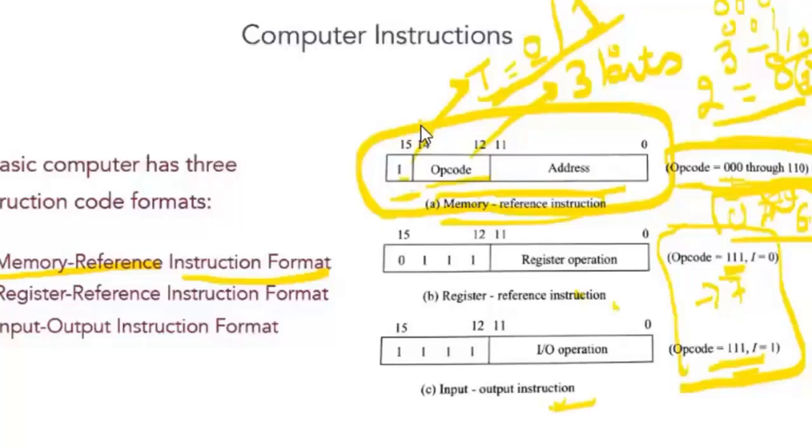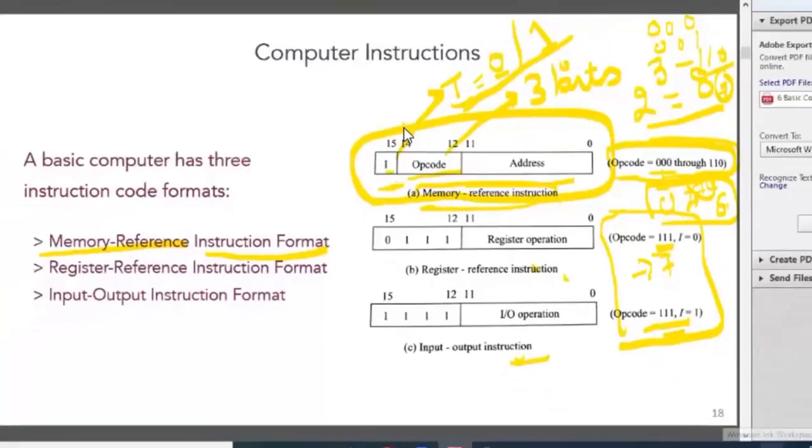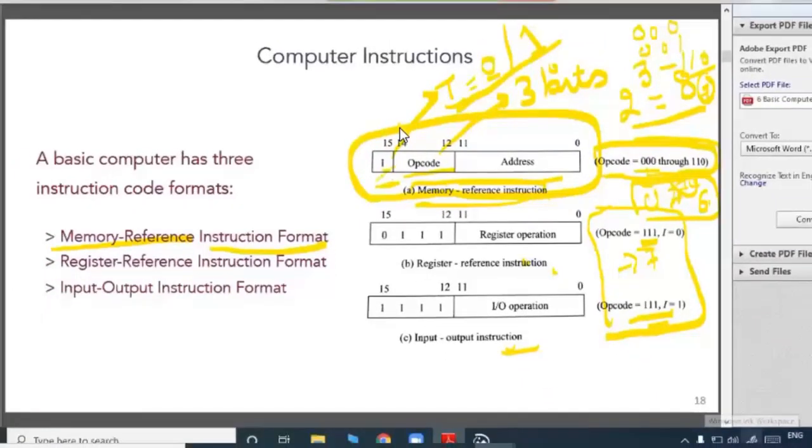That's why here the opcode can be 000 to 110 only. That means from 0 to 6 only. So this was about memory reference instruction. The addressing mode can be direct as well as indirect. That means we can access the memory in 2 ways, either directly or indirectly.